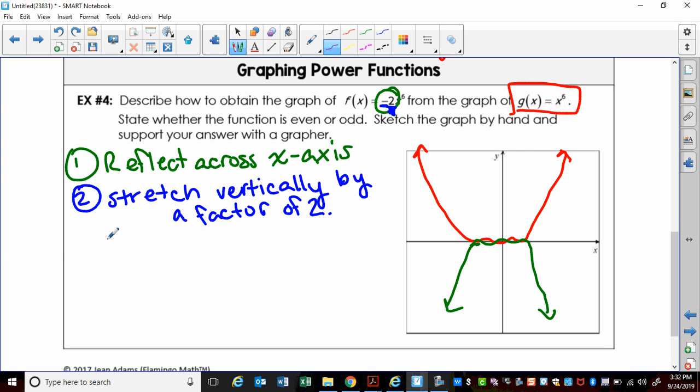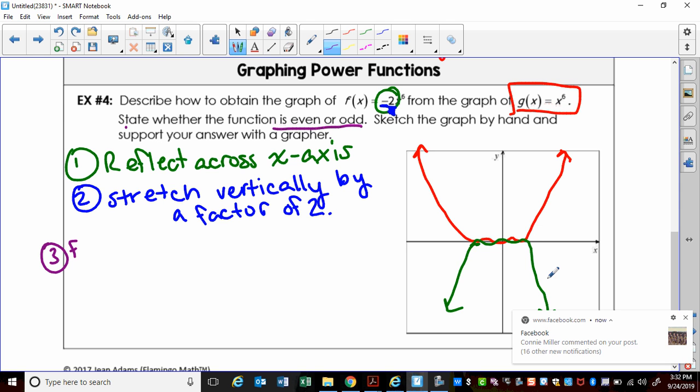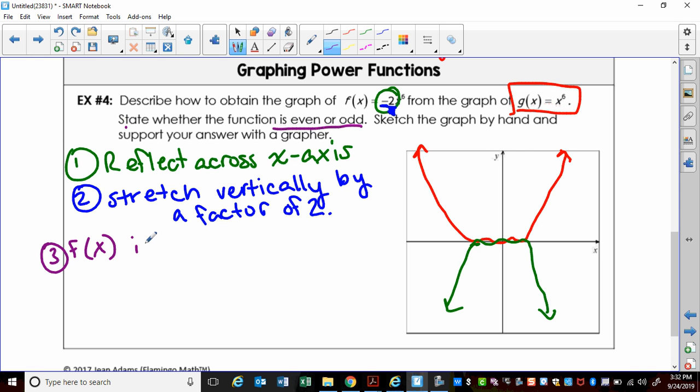Number 3. It says, state whether the function is even or odd. Is this function even or odd? It looks like it is symmetric about the y-axis, which means my function is even. I can actually check, and I'm going to plug in a -x into my function.